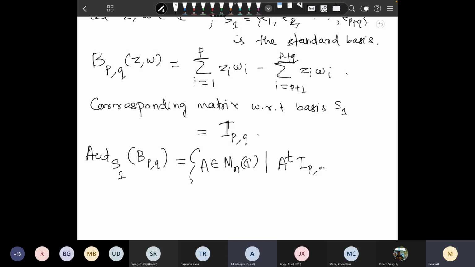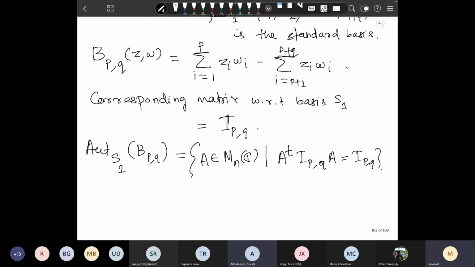I hope you will not be confused, because in the previous part I wrote the corresponding matrix as A, but here I am writing I_(p,q). So this is my O(S1, B_(p,q)). This is one basis, and by definition this is O(p,q)(C).